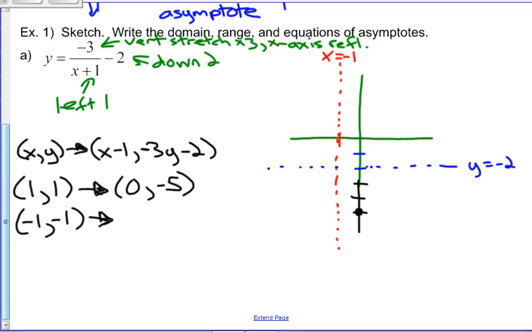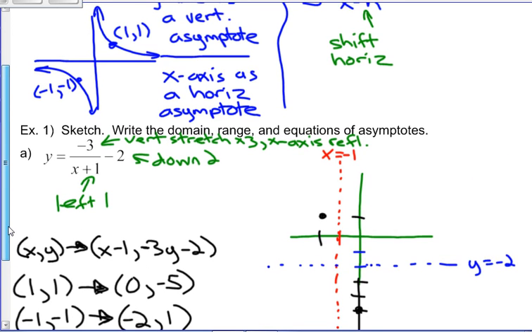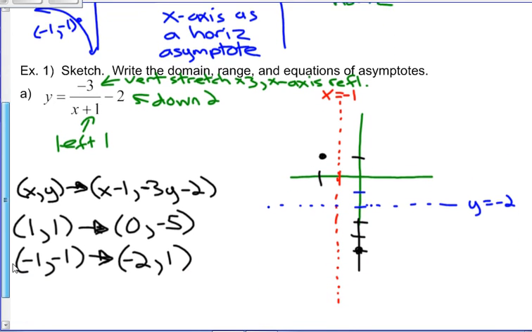I better continue this down further. If I put -1 in for x, I'll have -2. And if I put -1 in for y, I'll have positive 1. So it contains this point. And now all I need to do is draw around those new asymptotes. So the same shape as we had up here, but now around these asymptotes.